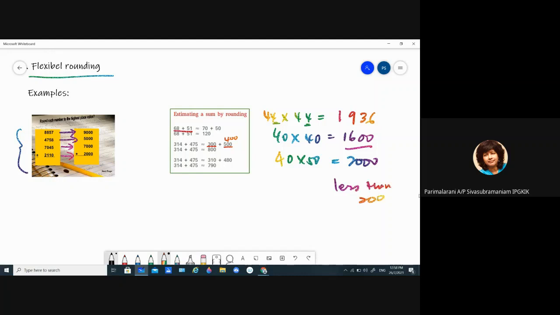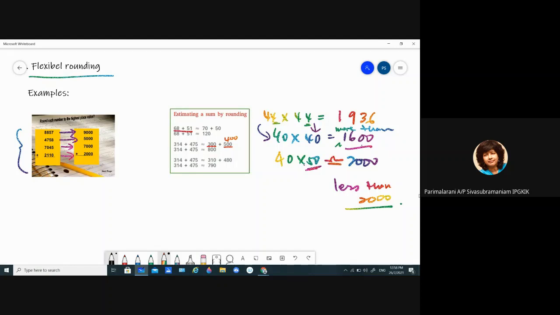You should write your answer is less than 2,000, or more than 1,600, because here you are rounding down, so you're taking less, which means your actual answer will be more than. But here you're taking up, so you can write less than 2,000. Or if you're not sure, you can't put an equals, you put like this.